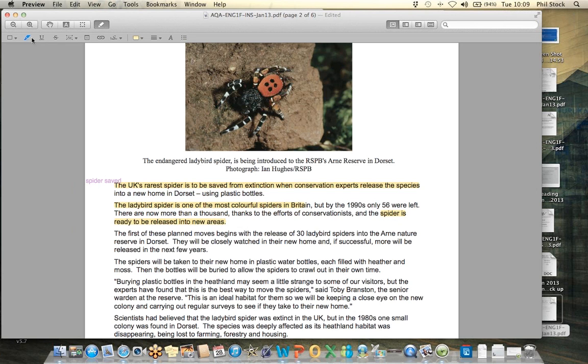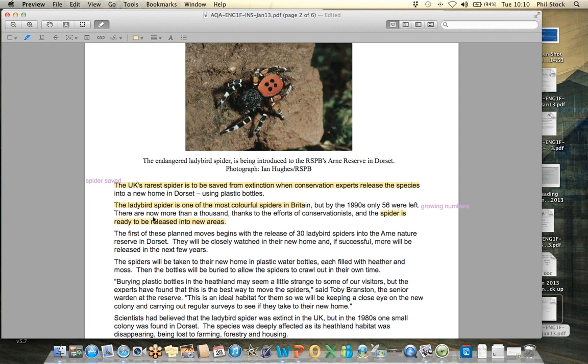So I've highlighted what I think are the main points in that paragraph, what I think are the topics. And again, if I wanted to, I could just put a note here about maybe growing numbers. That's kind of what that paragraph is about, how the spiders have some kind of success in being released and being looked after. Keep going.